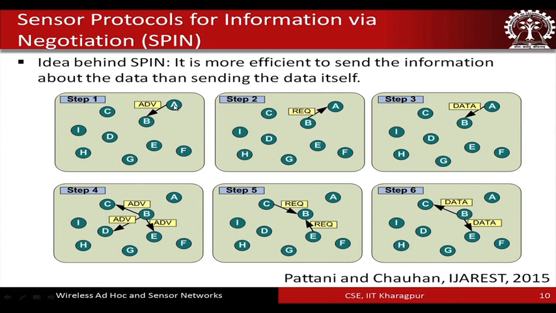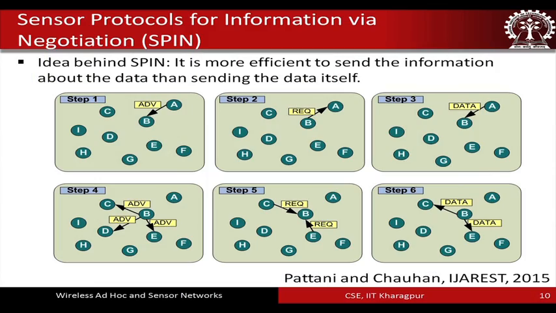Instead of sending the data to its neighbor B, what it will first do is advertise, saying that I have data with some kind of metadata like this. Node A advertises to all its neighbors; B is the neighbor in this particular case.